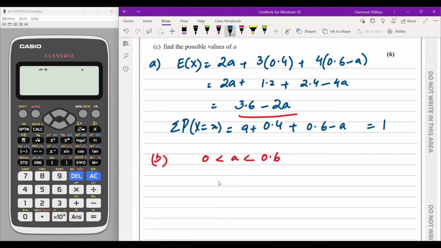So if a is between 0 and 0.6, then 2a is between 0 and 1.2.